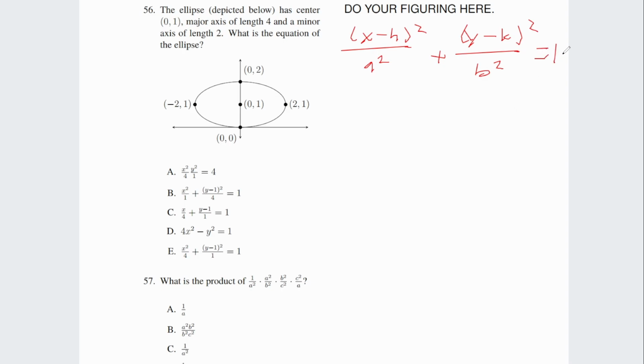And all of this equals 1. So it's just this weird way to modify the equation of a circle in a lot of different ways, if you want to think about it that way.